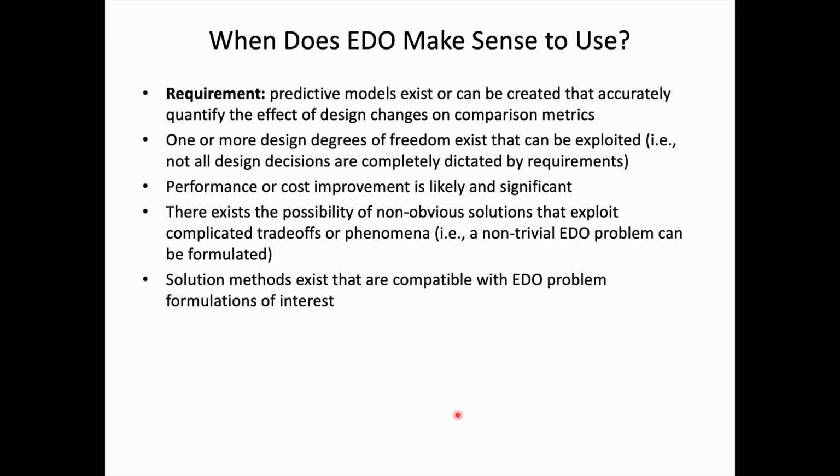Another requirement is that our problem formulation has to be solvable. There has to be some kind of solution method, optimization algorithms that are compatible with the formulation of interest. And in this class, we're pretty much going to stick to problems that have real continuous variables and continuous smooth objective and constraint functions.